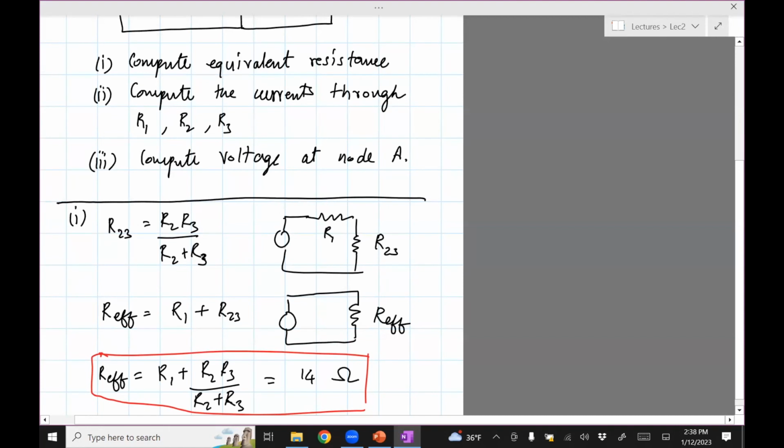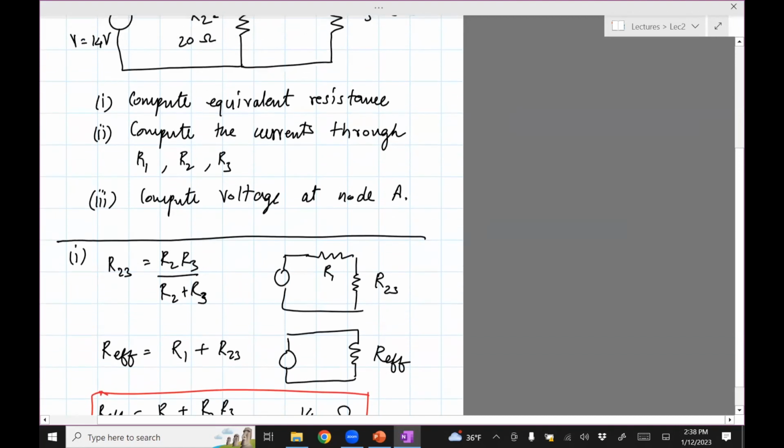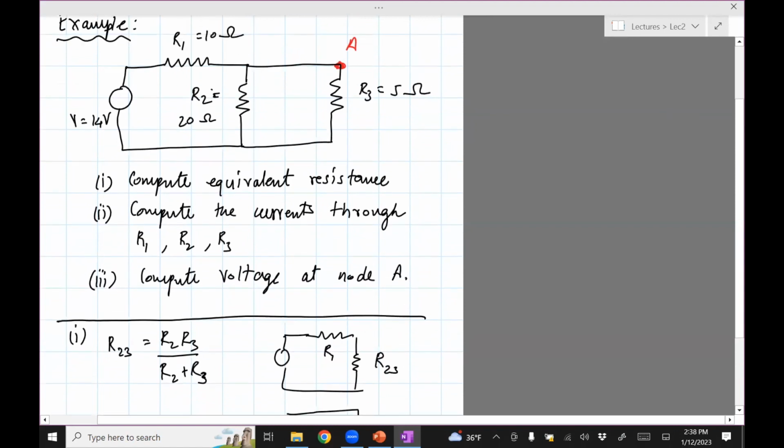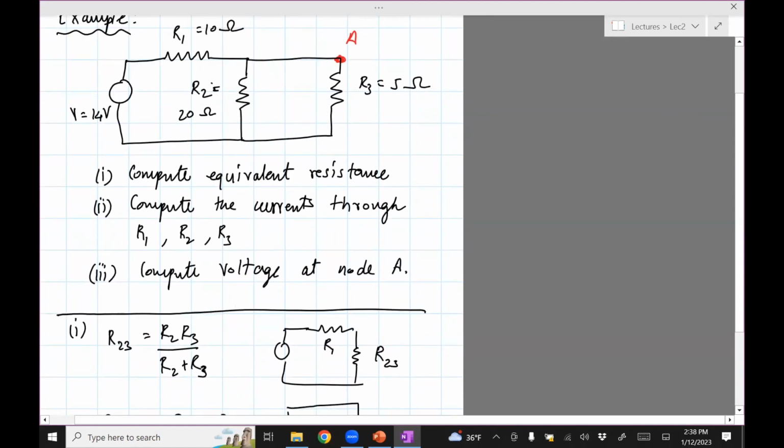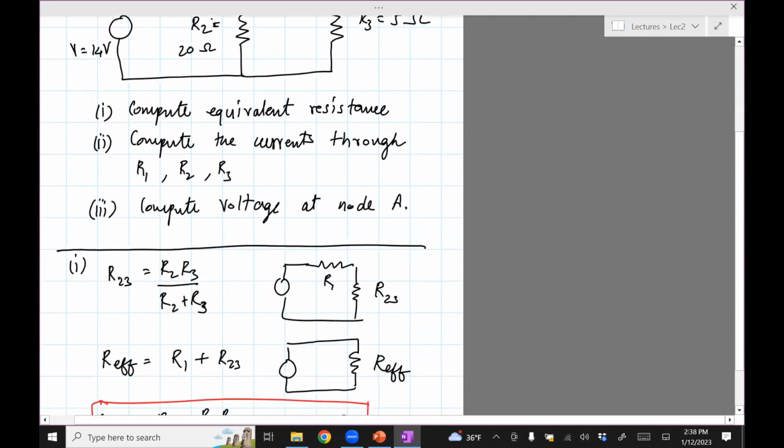Now we need to compute the currents through R1, R2, and R3. From this circuit, we can immediately compute the current passing through R1. We know there's a single current going through it; there's no loops, there's no nodes. So we can use this circuit, the one which I highlighted, to compute the current through R1.